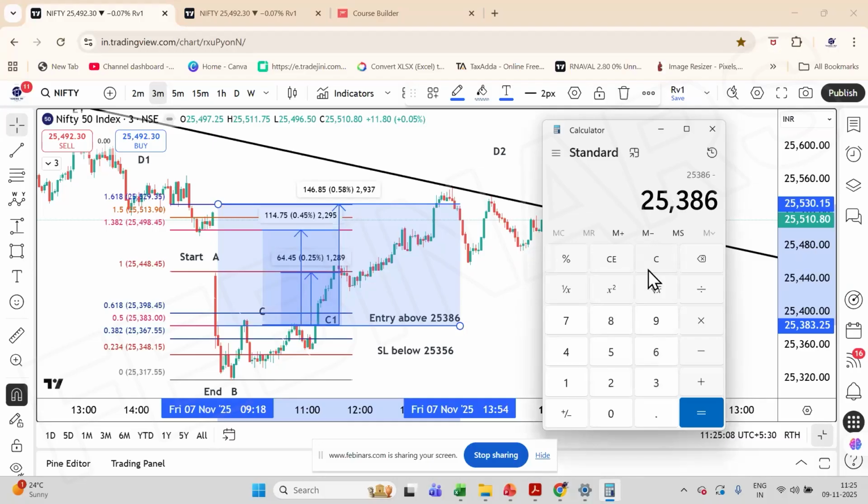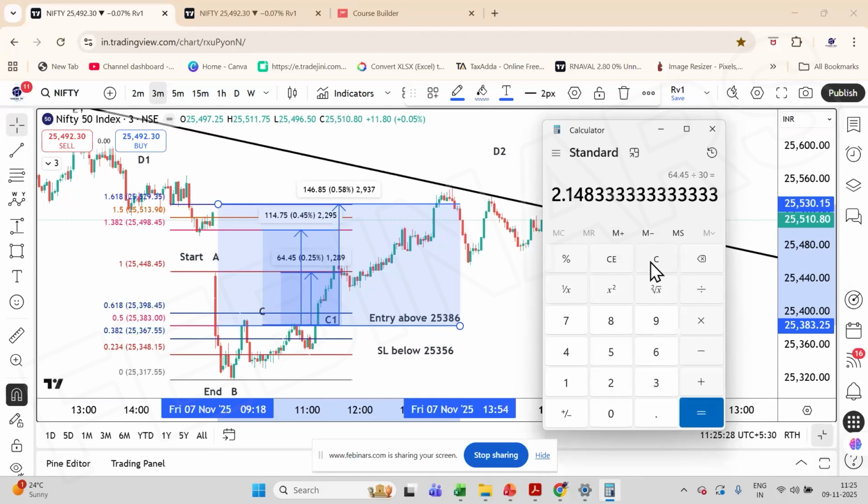25,386 minus 25,356. So what is the stop loss? 30 points. What is the third target? See, let us say first target 64.45 divided by 30.